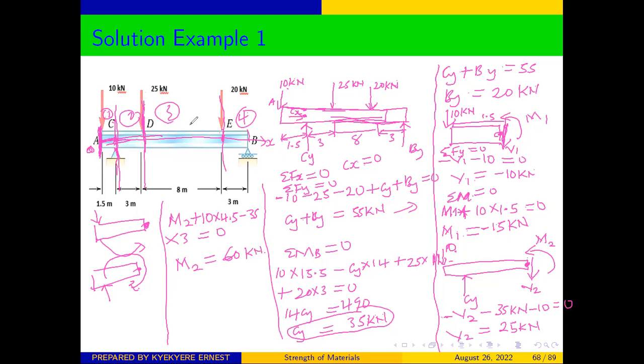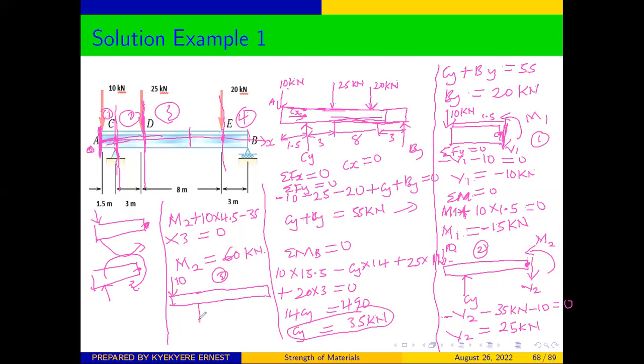Once you are done with that, you go to section 3. You also determine the internal shear force and the internal bending moment. So from there, section 3, this is going to be our free body diagram. This will be for section 1, this will be for section 2, then this will be for section 3. So for section 3, we still have our 10 kilonewton force applied here.